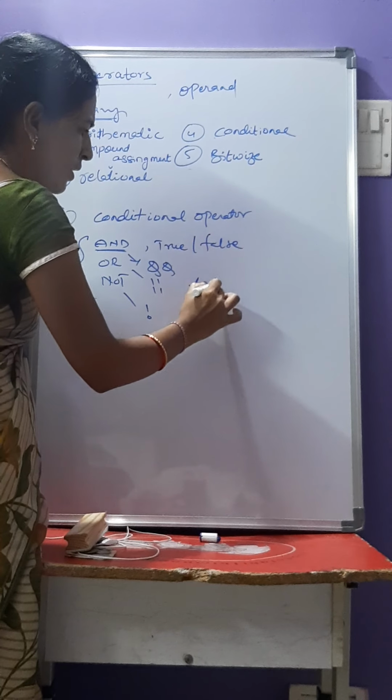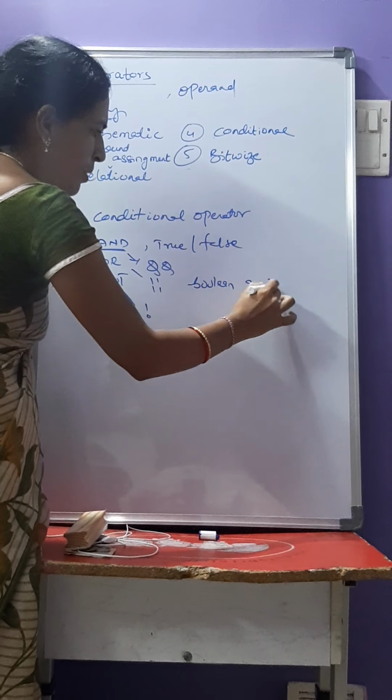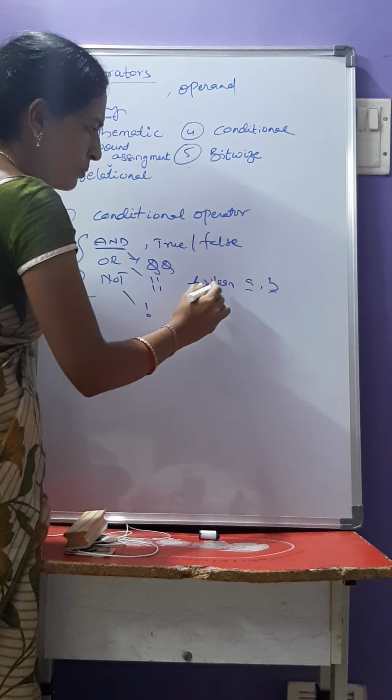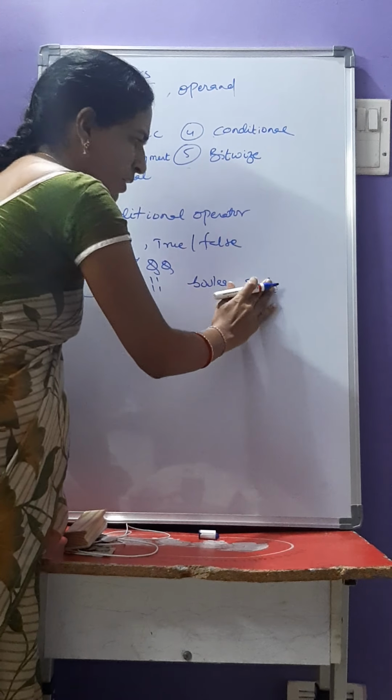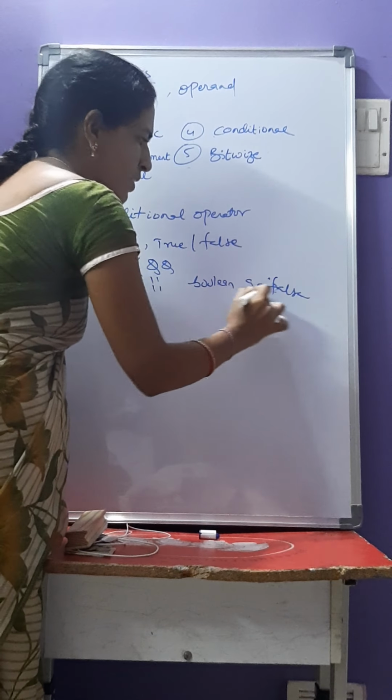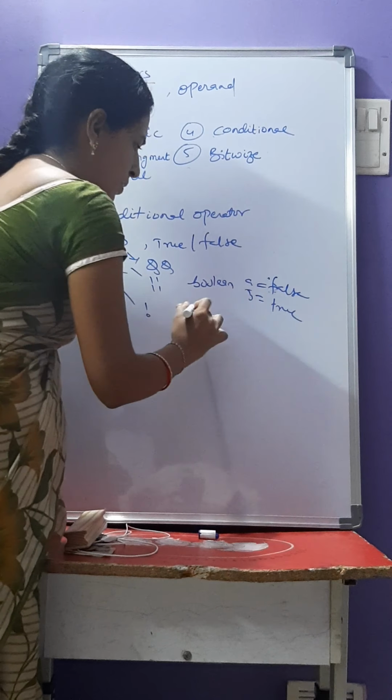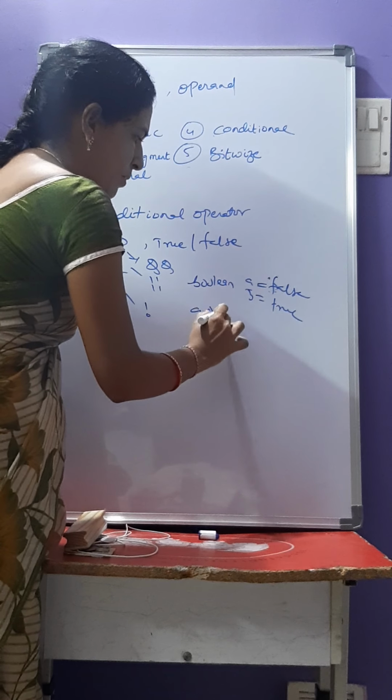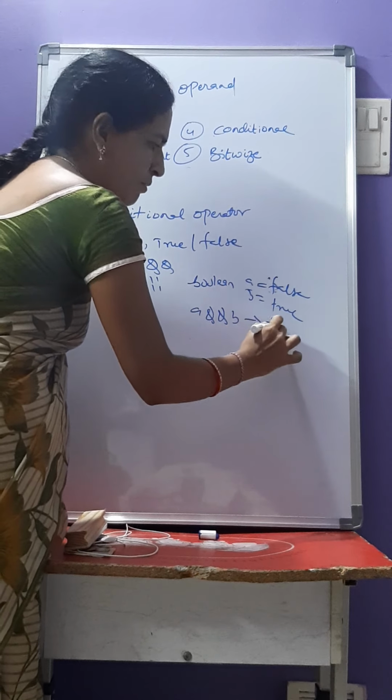Suppose Boolean A, B, where I am assigning A equal to false and B equal to true. A and B returns what? False.